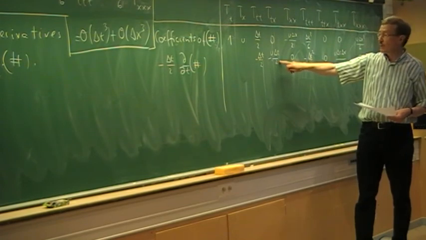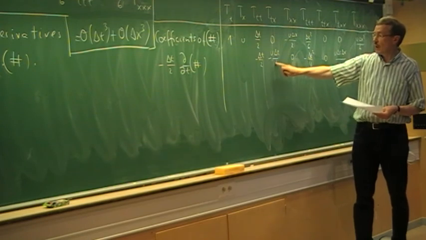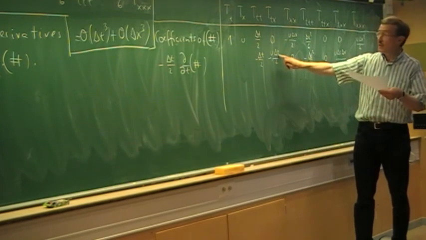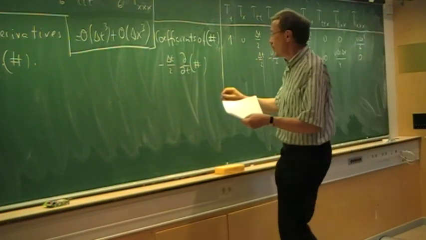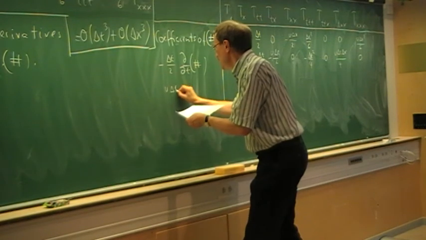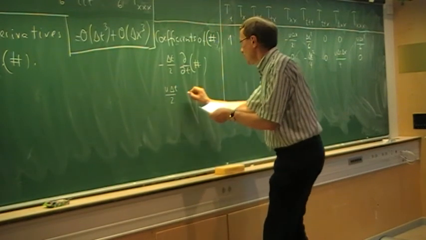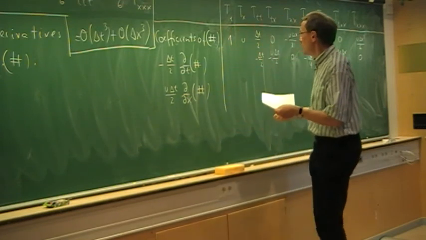To get rid of that, we multiply our equation star by u half delta t and derive it with respect to x. So we do now this operation: u delta t half times d/dx of the equation star.